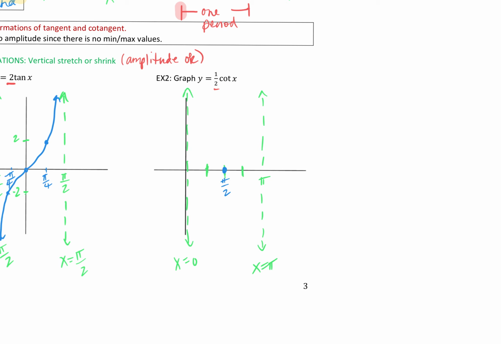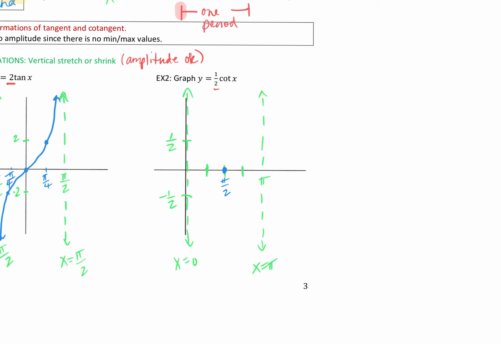Let me go ahead and label my axes, but it's not 1 because it's 1/2 times cotangent. So instead of 1, if we multiply that by half, we get 1/2. So again, we're just relabeling our axes.